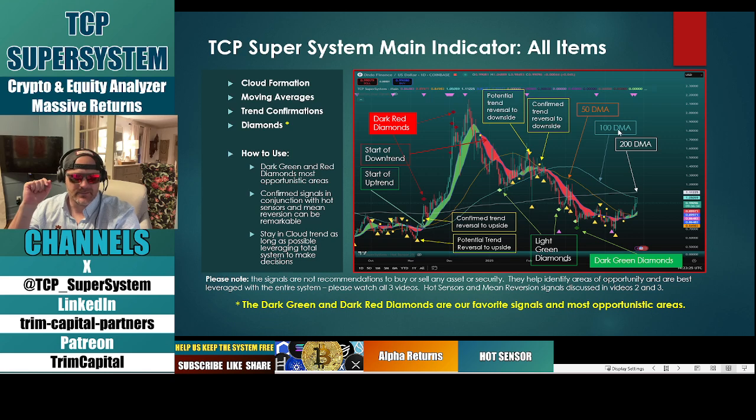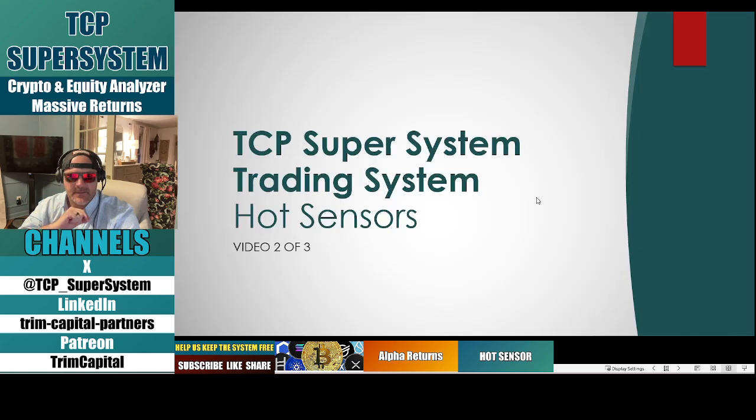We had the moving averages, which are the 50, 100, 200 day as support resistance levels. We had trend confirmations in the yellow signals, which were the triangles and the labels, whether you're going down or up. And then we had the diamonds, specifically the dark red diamonds here, dark green diamonds on the bottom side, and that's our favorite indicator, most opportunistic times when combined with the other indicators.